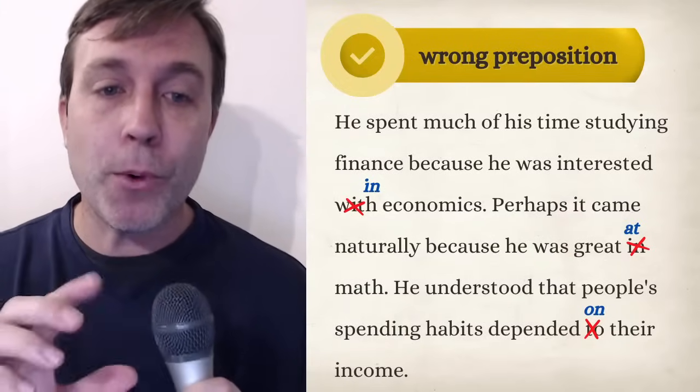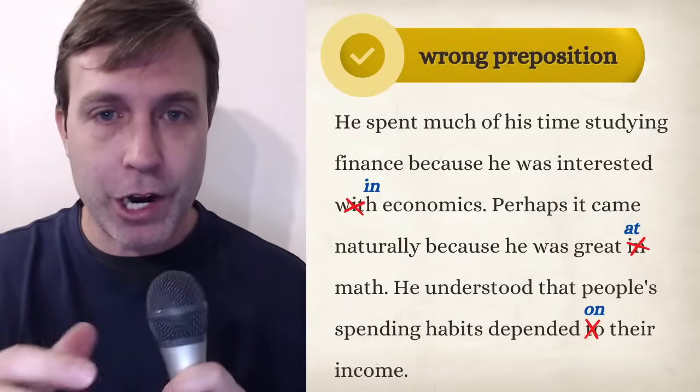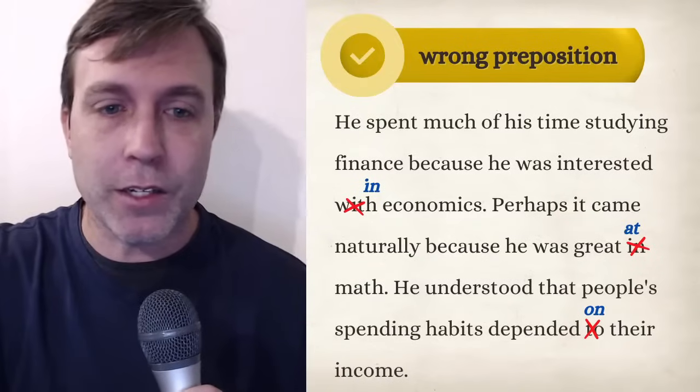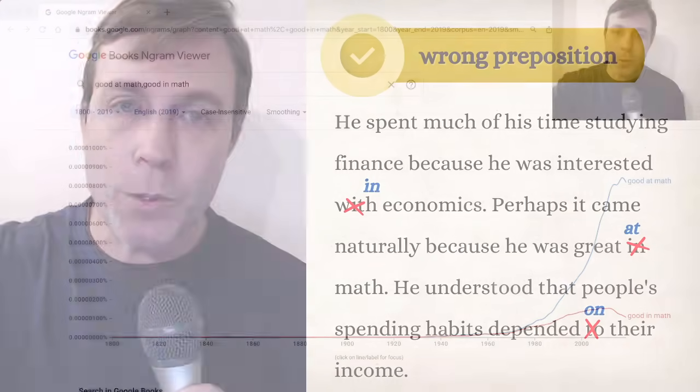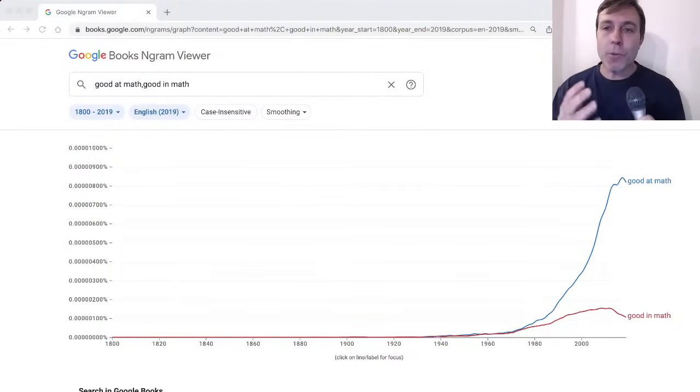But if you want a point of reference, I wanted to share this site with you, and I've talked about it before, Ngram Viewer. This is a good way to try to understand the language and understand which words or phrases are more commonly used. I just want you to look at the visual graph. I could put in those phrases, good at math, good in math.